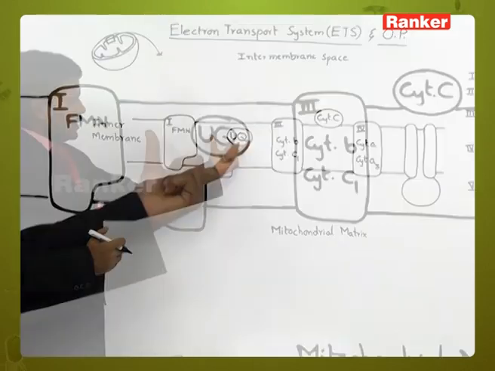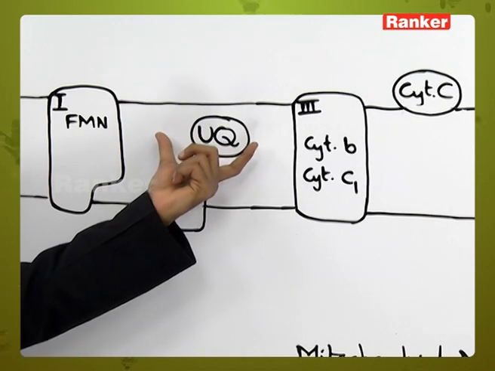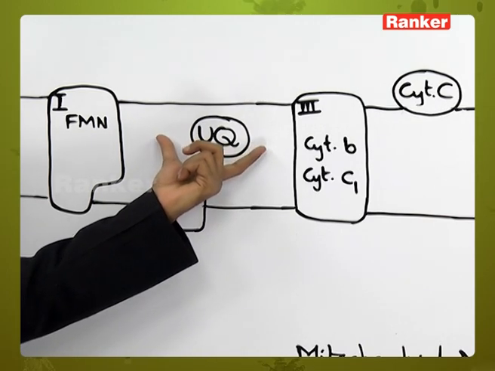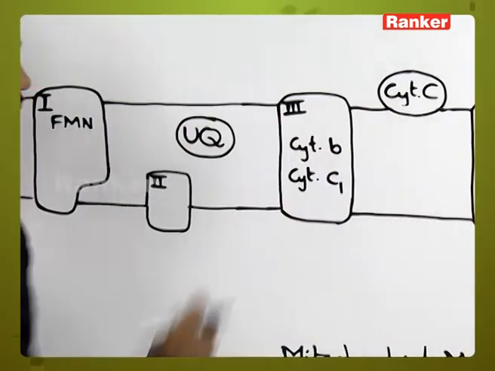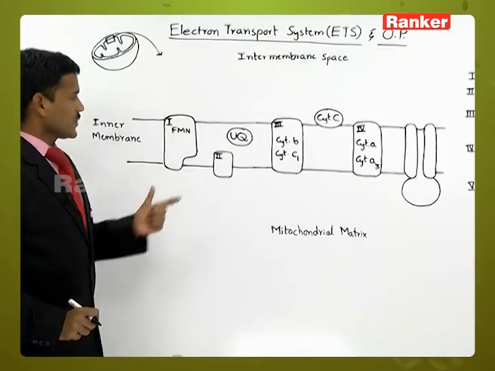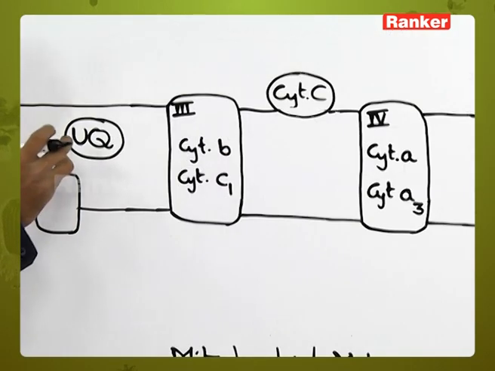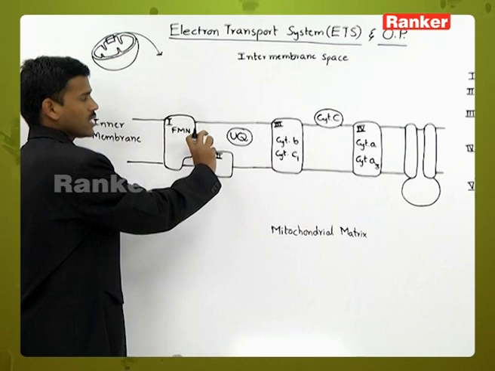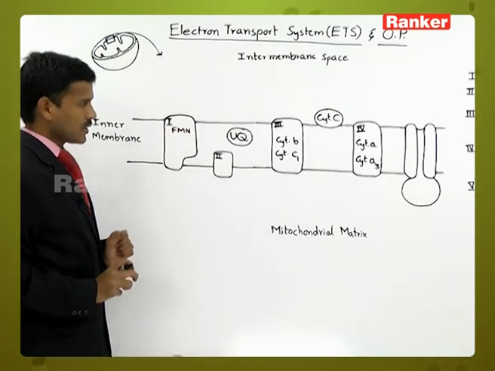Two mobile electron carriers are also present on the membrane: ubiquinone and cytochrome C. Ubiquinone is present within the membrane. It is movable, so it can transport electrons from one complex to another.